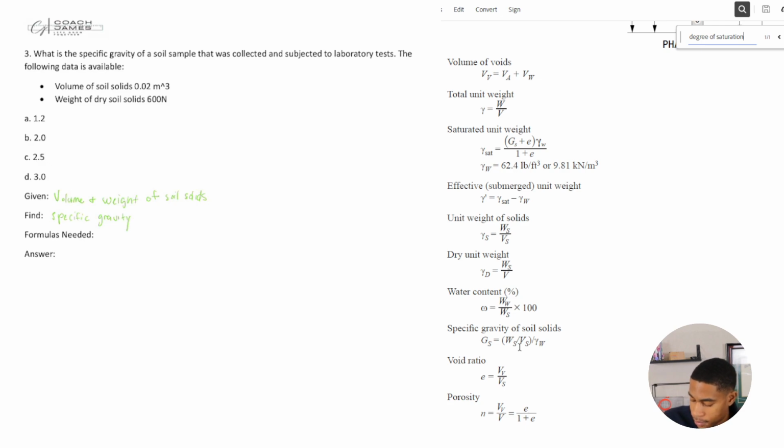So I could say GS is equal to WS divided by VS, all divided by the unit weight of water.